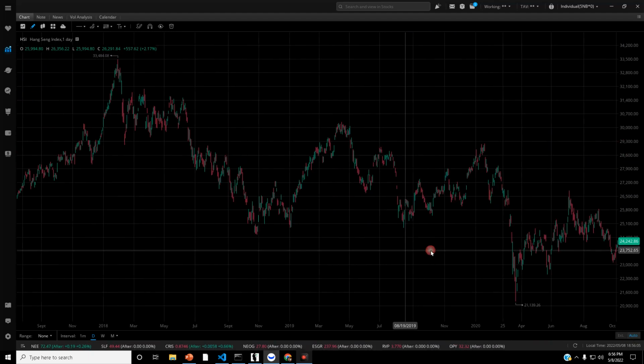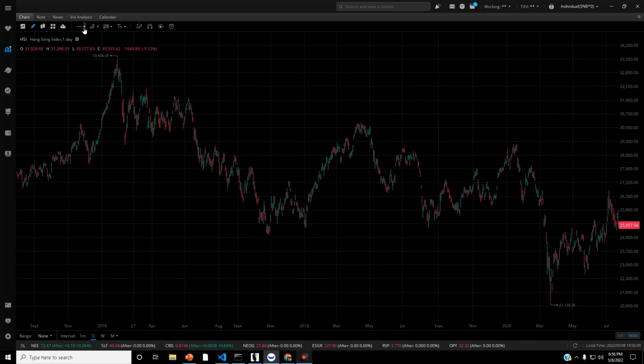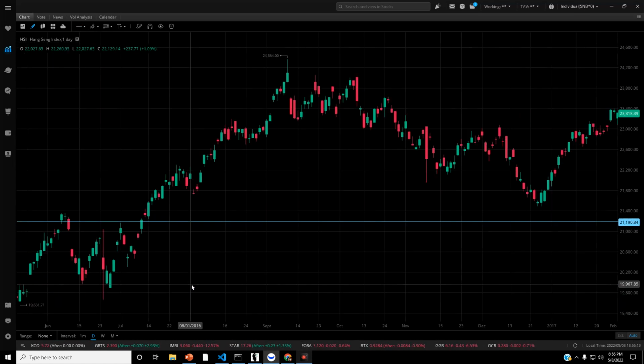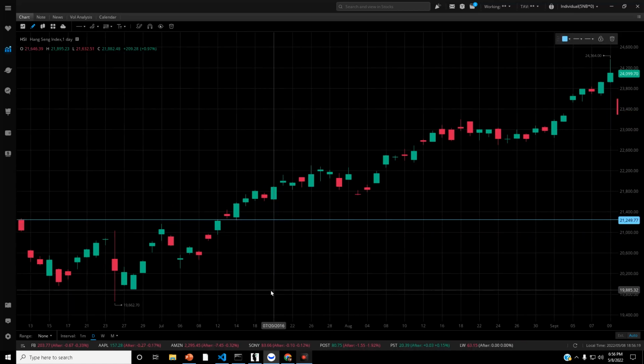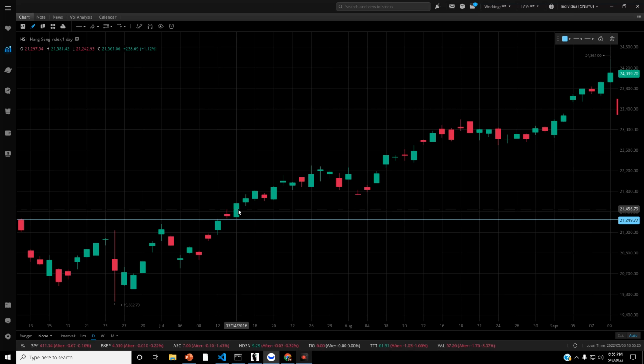I would take a look at this. Let's see if this one worked. Let's do a line here. Line here. Did it fill any gaps over here? OMG. Is there one? Not quite. Let's see. High there is 21,252.